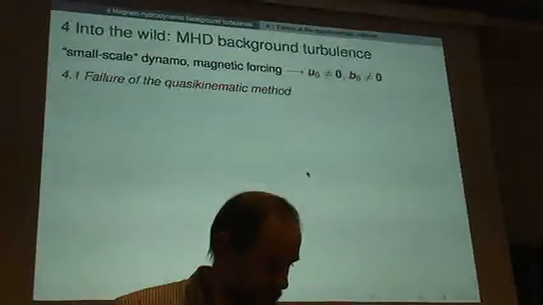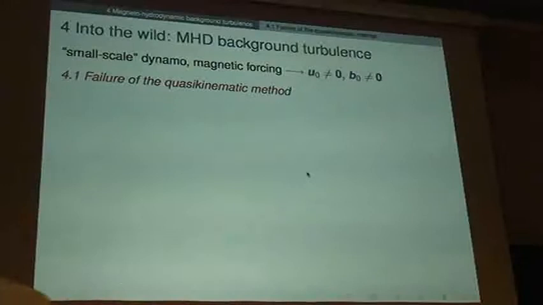Now I want to step into an area which is no longer really mathematically as certain, that I went into the wild, because we don't know what will happen to us here. This means admitting a magnetohydrodynamic background turbulence where both the fluctuating fields are no longer necessarily zero.